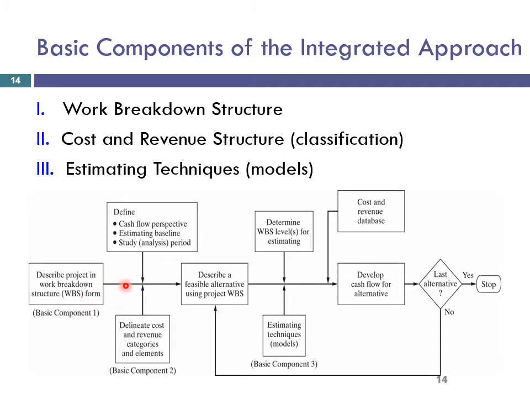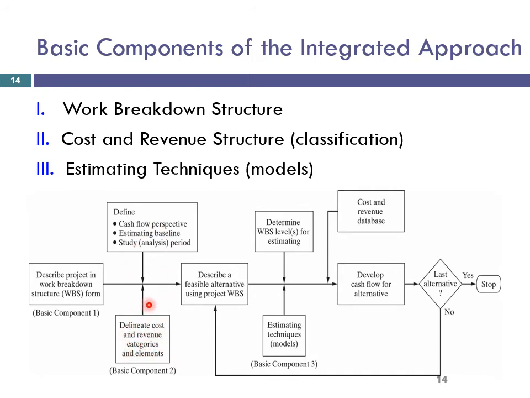Okay, then to estimate future costs and revenues for an alternative, the perspective, which is the viewpoint of the cash flow, must be defined, together with the estimating baseline and study analysis period. We define all these. Okay, and cost and revenue structure, their categories, must be defined, must be delineated.